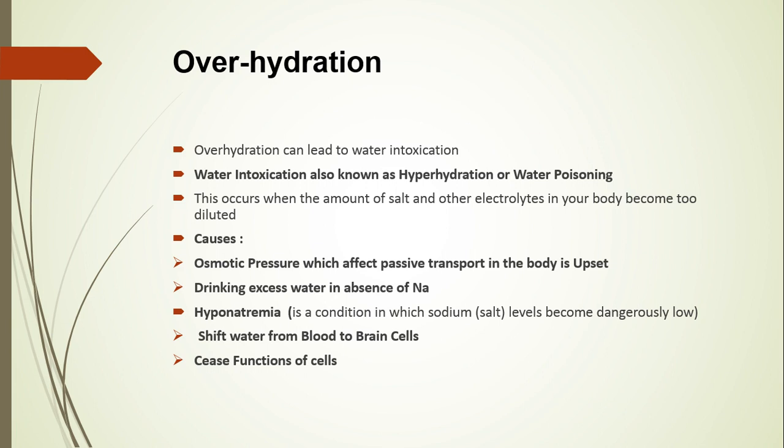And with drinking of excess water in the absence of sodium, hyponatremia will occur. Hyponatremia means a low amount of sodium, or a condition in which sodium becomes dangerously low. And due to this, there will be a shift of water from the blood to the brain cells, and it disturbs the functions of the brain cells.